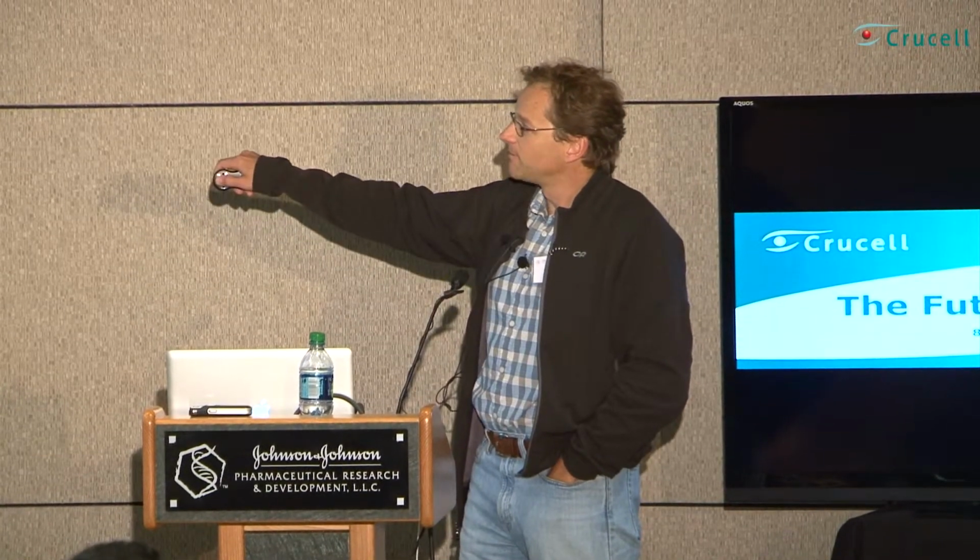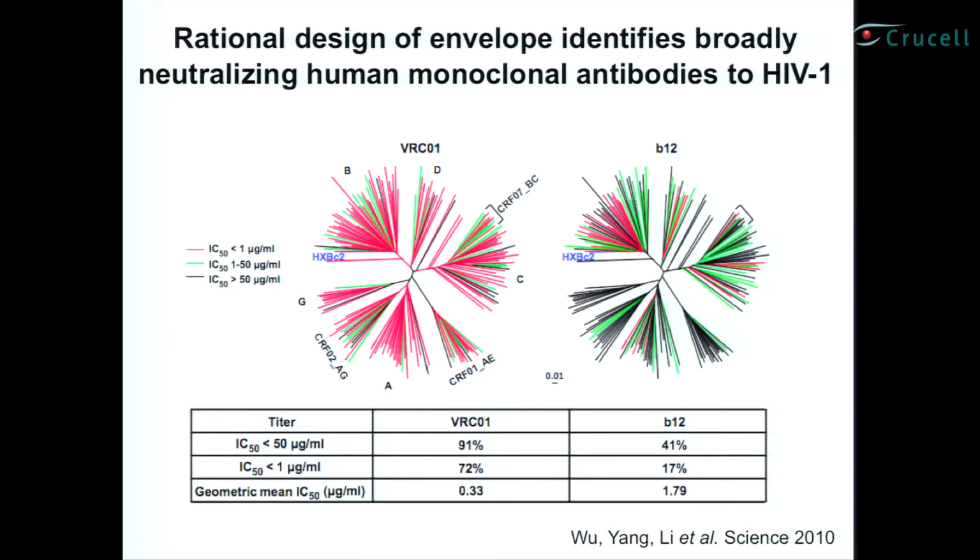But an early side benefit was Gary Nabel and John Mascola had a very clever idea, and Rich Wyatt had a clever idea, of using this resurfaced GP120 as a probe for pulling out new antibodies in the way Dennis told you. And this was published last year.